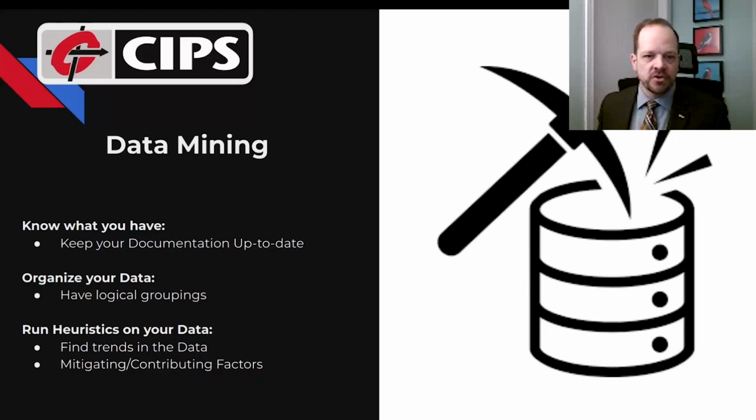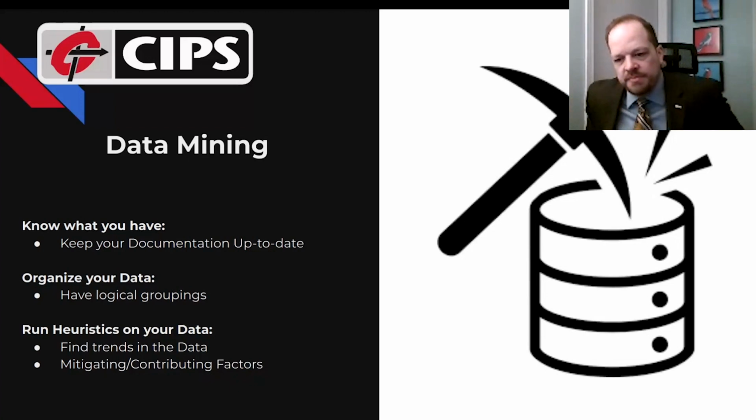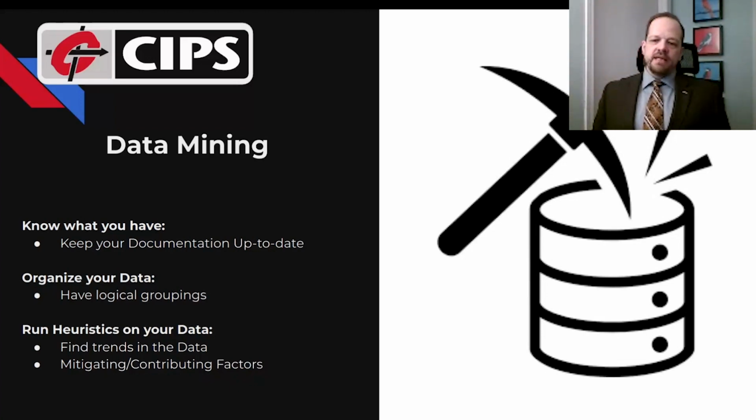Data mining. Data mining is in contrast to AI and ML. Data mining is all about finding mitigating factors and contributing factors to what you're seeing in the data. The goal behind data mining is, first, you need to have your data set in a condition where your data diagram and your data entity model are up to date and accurate, and you need to be able to connect that into an automated system so that you can do the data mining against it.